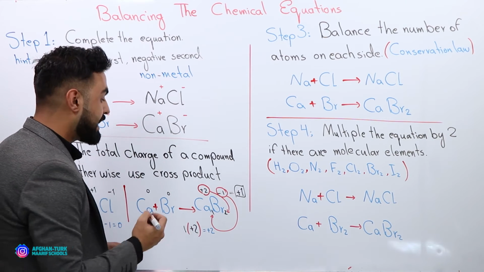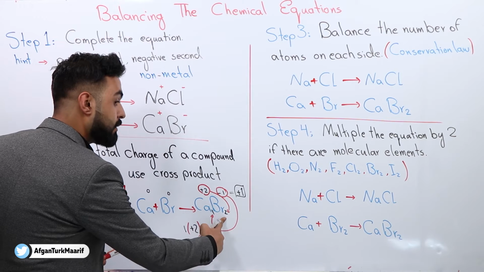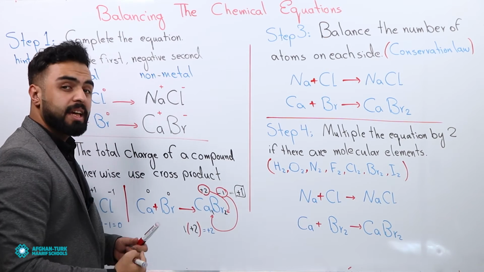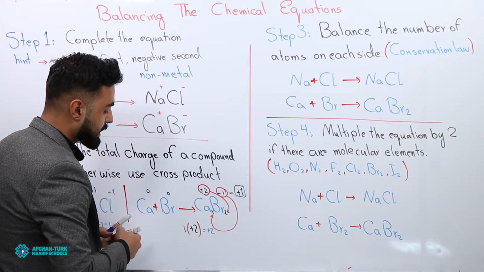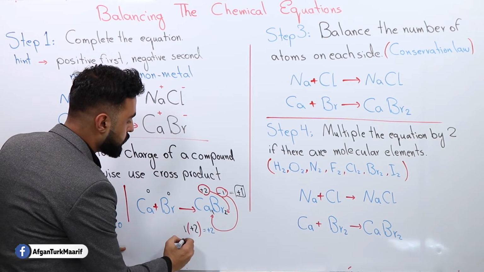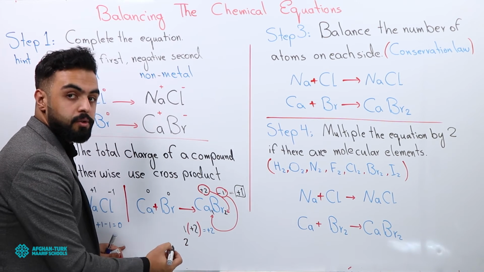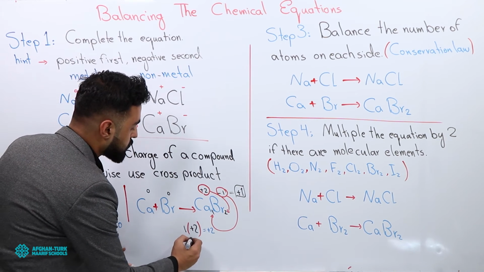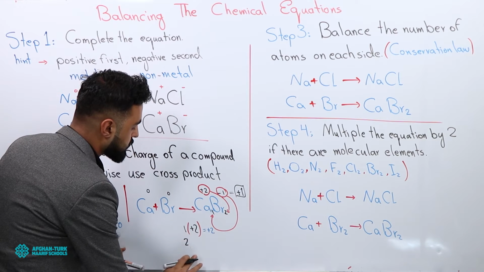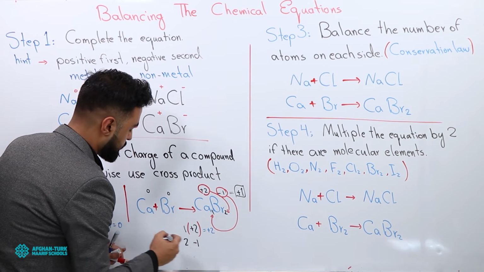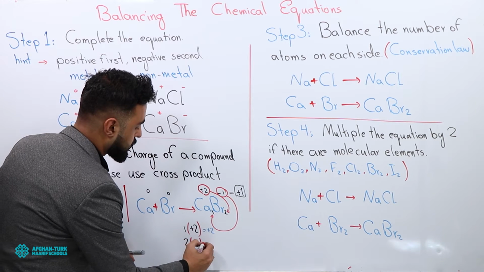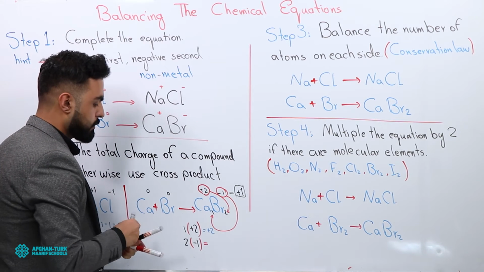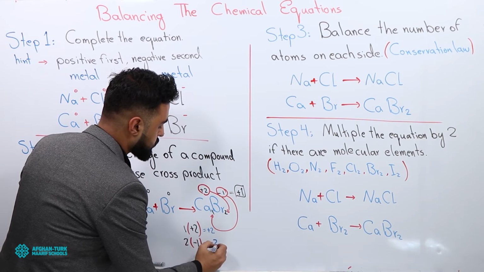Okay? And then bromine, we have 2 bromines and each one has a negative charge. So if we write it like this, the number is 2. 2 bromines multiplied by minus 1 will become minus 2.